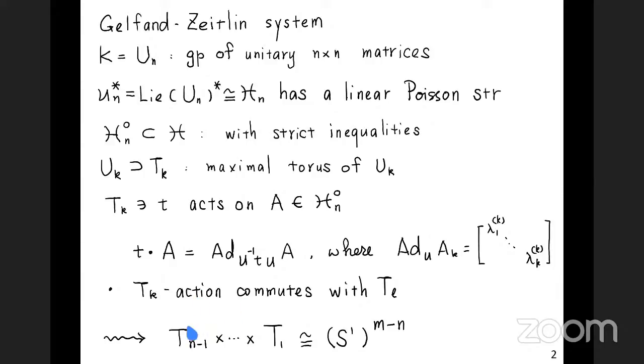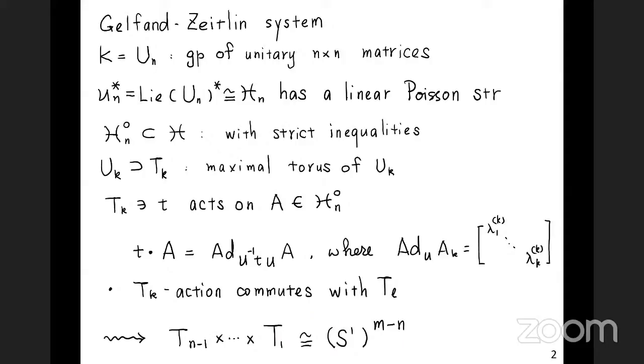So altogether we have a torus of this size. Why don't we have the Tn action? Because the Tn action is trivial. Once we diagonalize, multiplying by T on the right and left gives the trivial action. So that's the total torus action here.